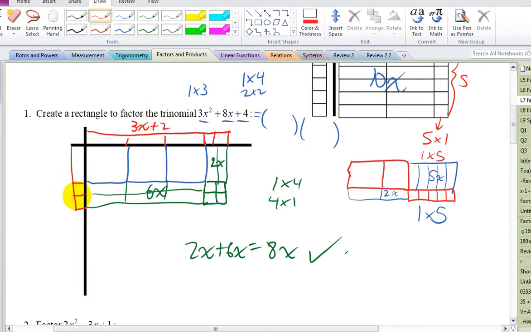And on the side, what do we have? x. And that's your factors. Those are your answers. Okay? So 3x plus 2, x plus 2 is your answer, your factors. How many factors are there? 2.